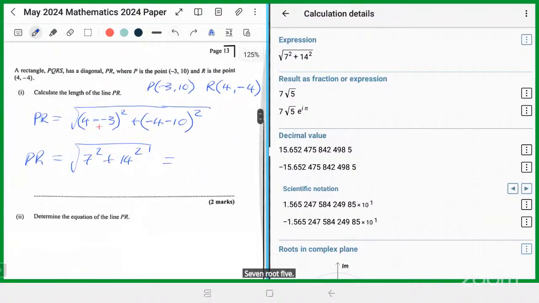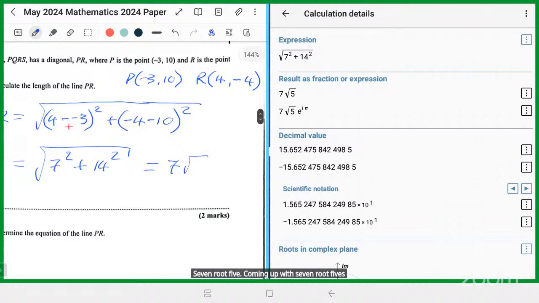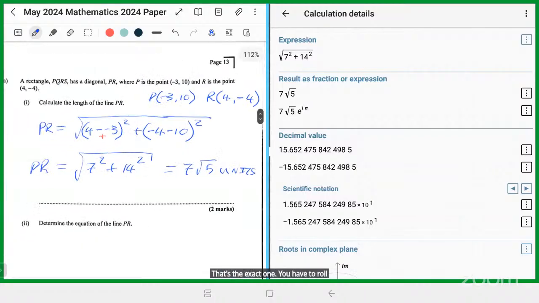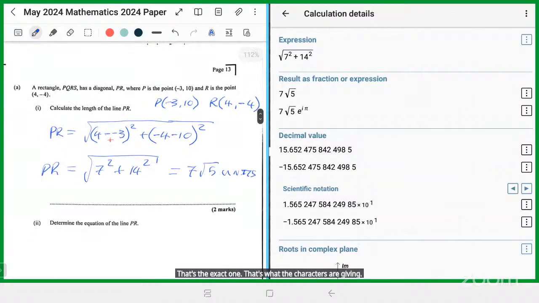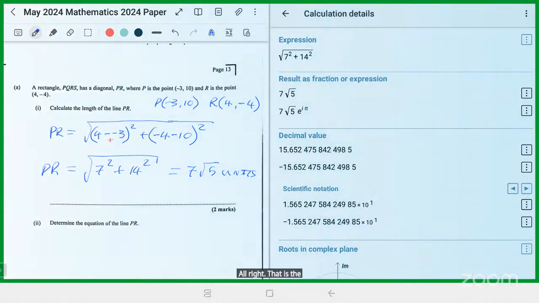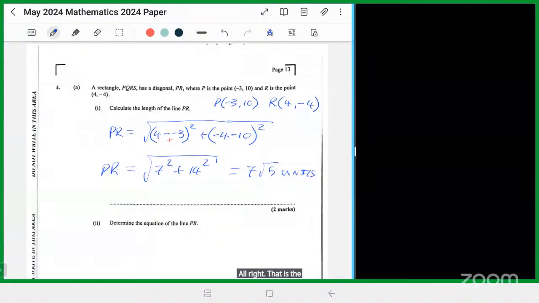I'm going to put 7 root 5 units. That's the exact value. You don't have to round it; that's what the calculator gives. 7 root 5. All right? That's the length of it.